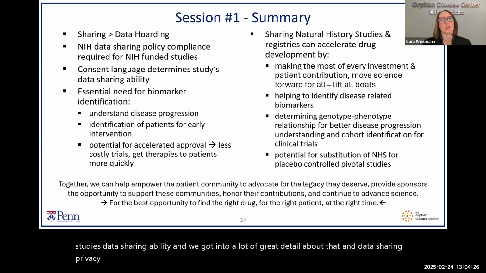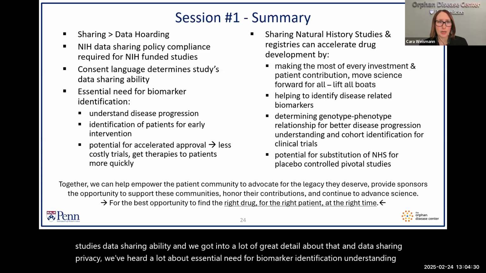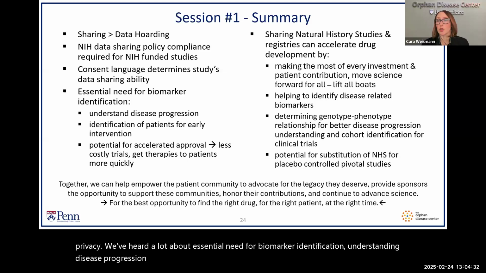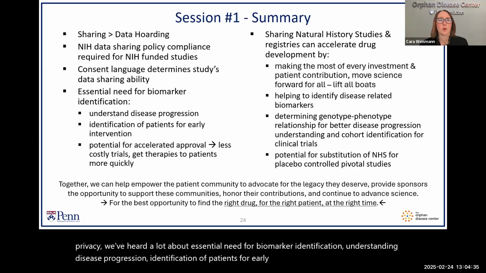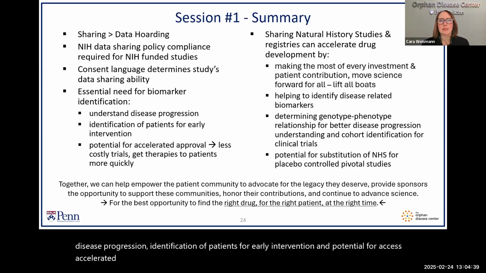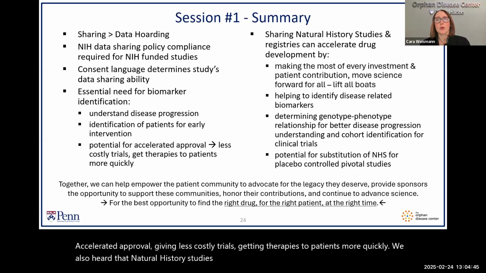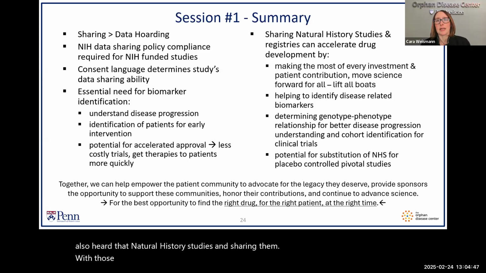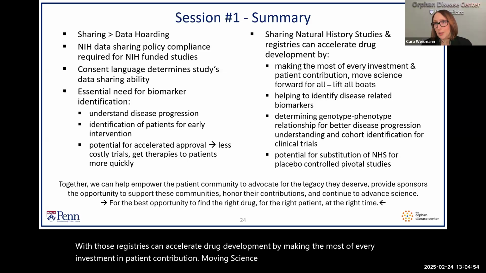We've heard a lot about the essential need for biomarker identification, understanding disease progression, identification of patients for early intervention, and potential for accelerated approval, giving less costly trials, getting therapies to patients more quickly. We also heard that natural history studies and sharing them with registries can accelerate drug development by making the most of every investment in patient contribution, moving science forward, because that really does lift all boats.